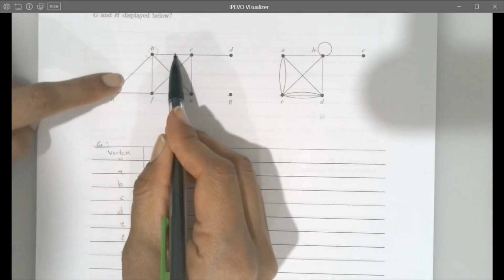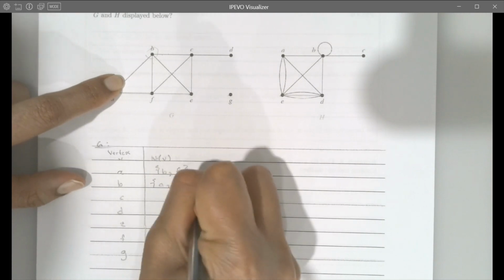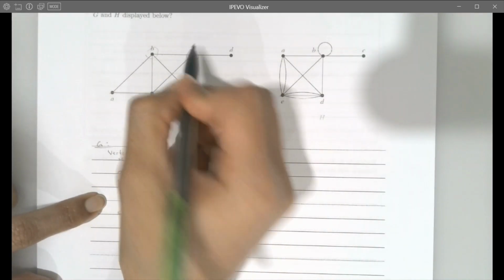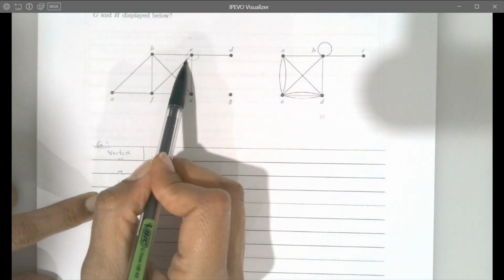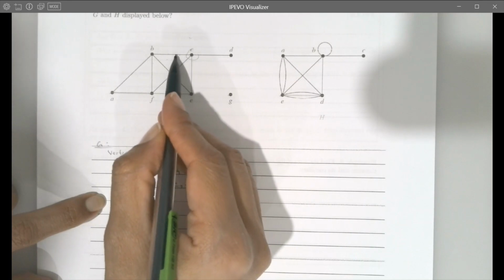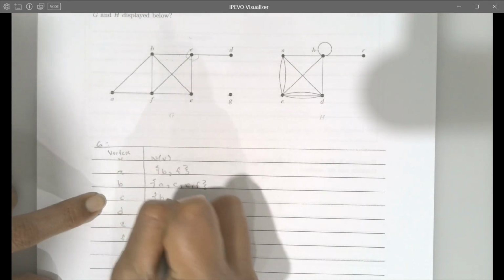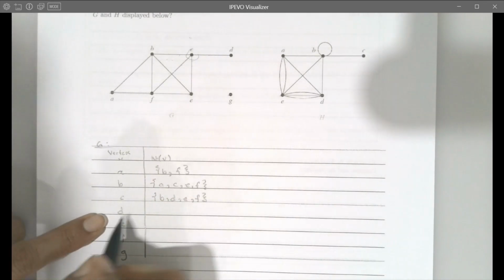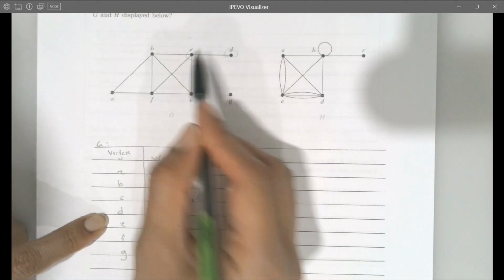So it's A, C, E, and F. Okay, let's take a look at node C now. C has 4 neighbors. We've got B, D, E, and F. Then for D, we have only 1 neighbor, and that's C.